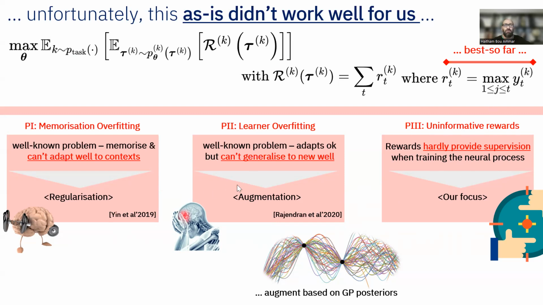Because if you fix those two, but your rewards don't provide any supervision, it would be really hard to tune the parameters of your neural network, especially if it's a transformer. Think about it, what we are trying to do here is learn a transformer by reinforcement learning. So that's not so simple.